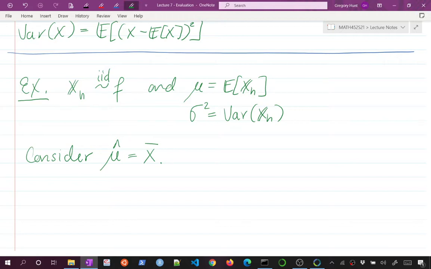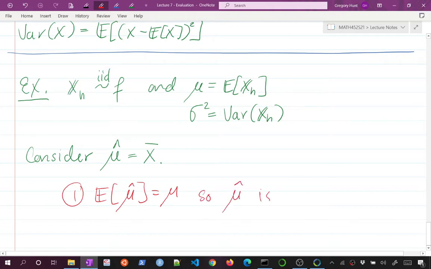Why do we suspect that? Well, if we go back to the beginning lectures, we knew a couple things. One, we knew that the expected value of mu hat, which is just x bar, is mu. So that's something we proved. What this means in our new language is that mu hat is unbiased for mu.